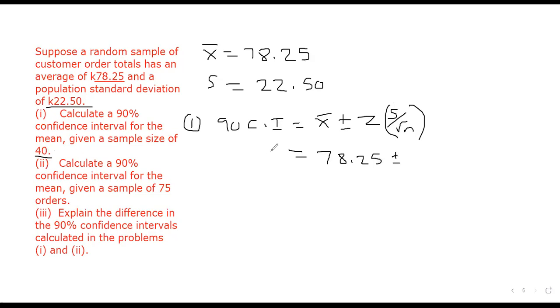And our Z here at 90% will be what? 1.645. 1.65. And our standard deviation is what? 22.50. And our n here is what? 40.